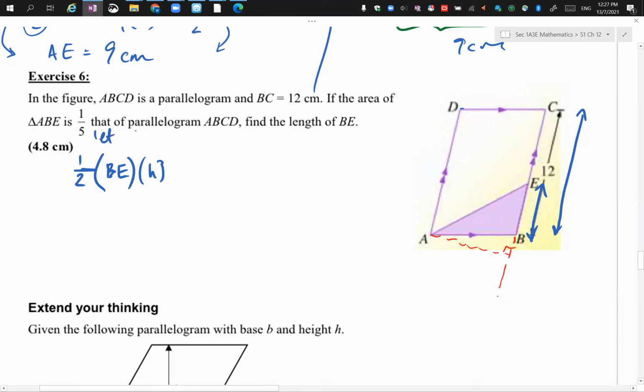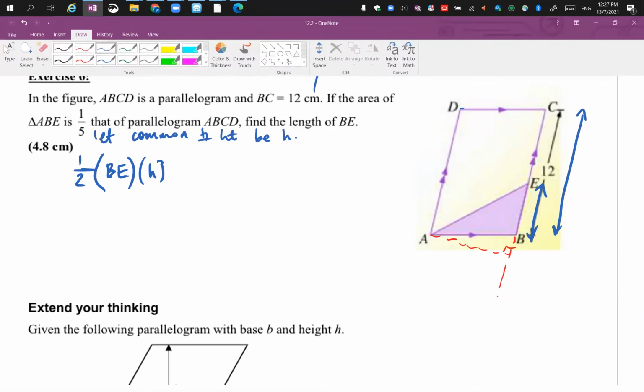Let common perpendicular height be H. Okay, so half BEH, that is my area of triangle, as mentioned in the question.